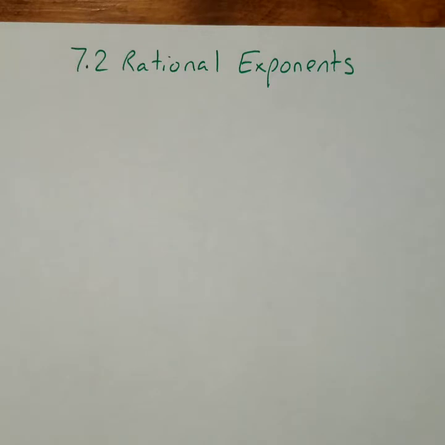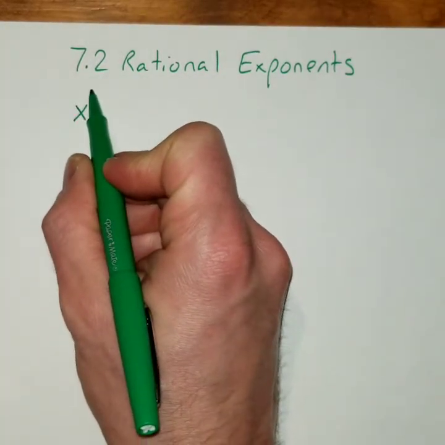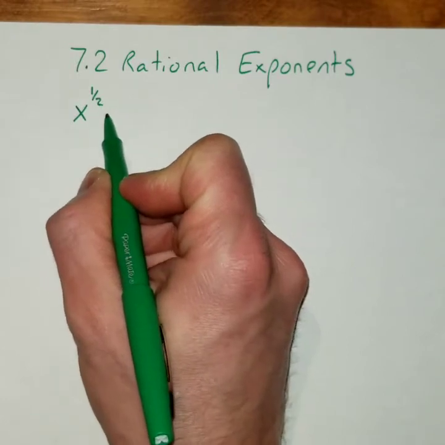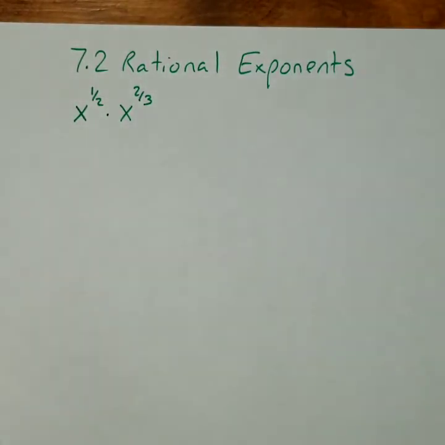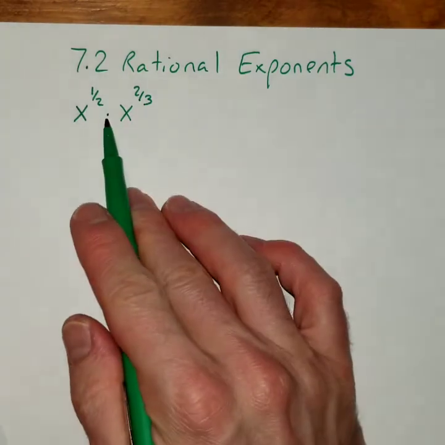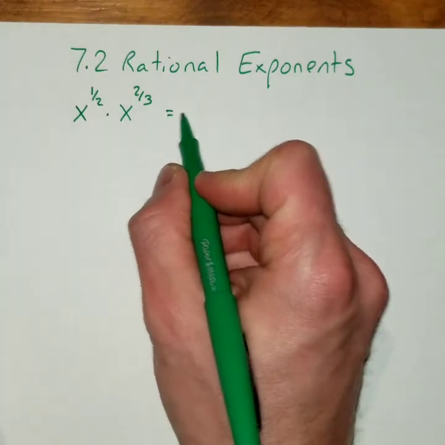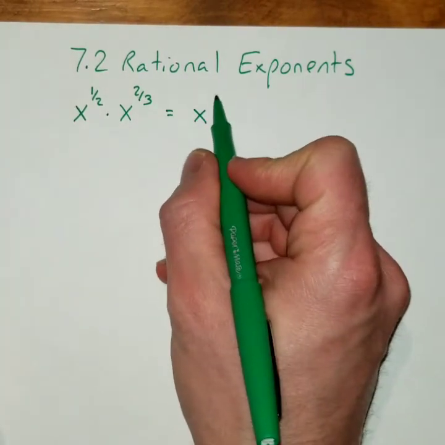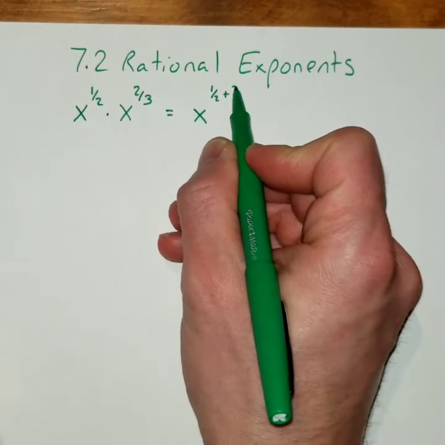And so just as a couple of examples, if I wanted to look at, let's say, x to the 1/2 times x to the 2/3, then because we're multiplying with the same base, we just add the powers together. And so we get x to a power, which is the sum of 1/2 and 2/3.